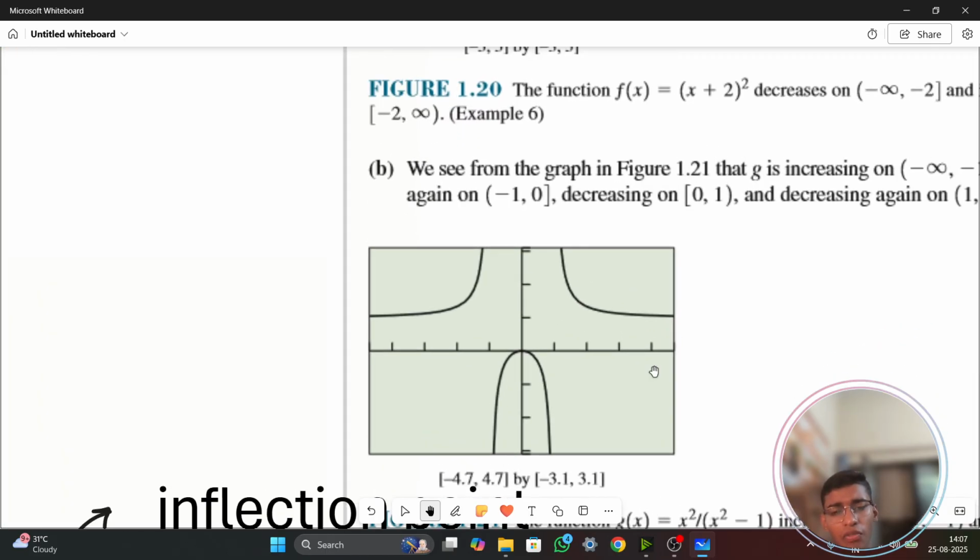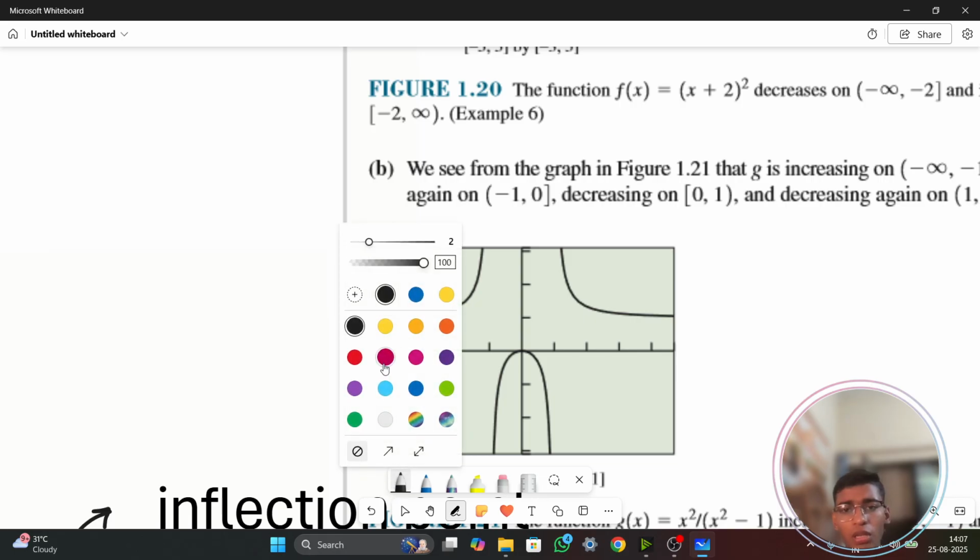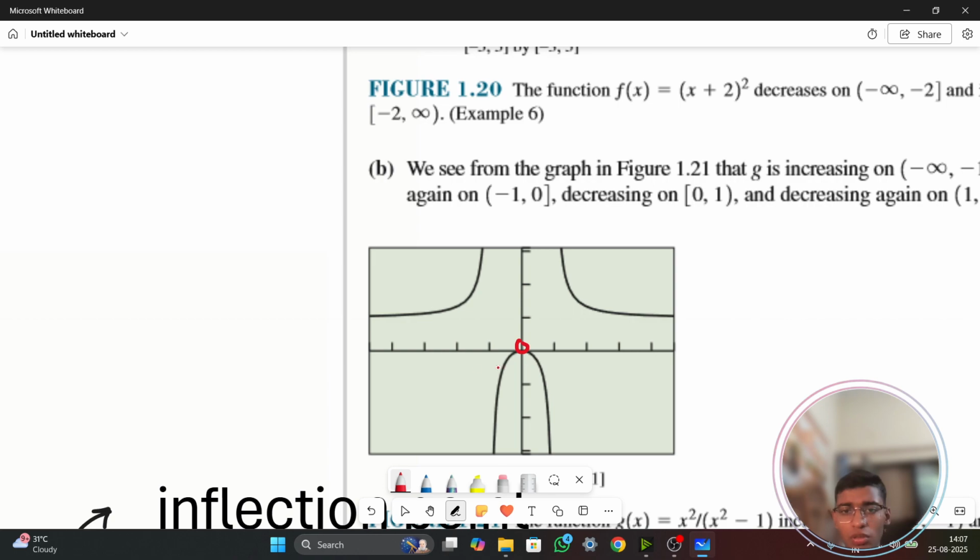So now let's see the graph which they've already made. I'll mark here what all values are present. This is the value which is 0. This is minus 1 and this is plus 1. If you see correctly, at point 1 it is tending to infinity, and at point minus 1 also, this graph is tending towards positive infinity.